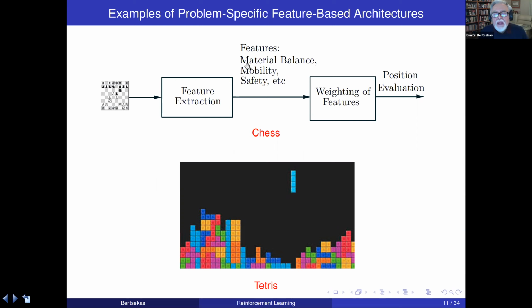And these are, for example, the material balance, whether white or black has more material and how much more, whether the pieces have mobility, they can reach more squares or less squares, whether the king is safe, other strategic features like open files.